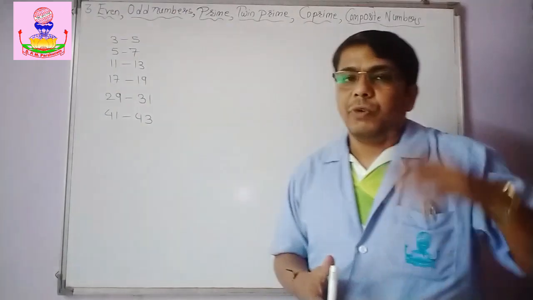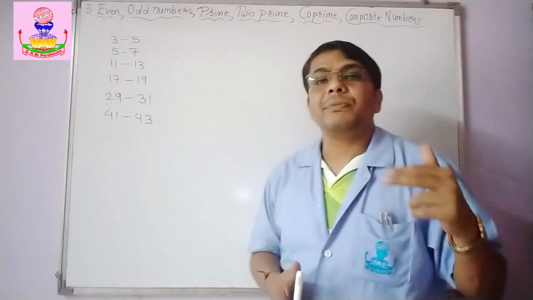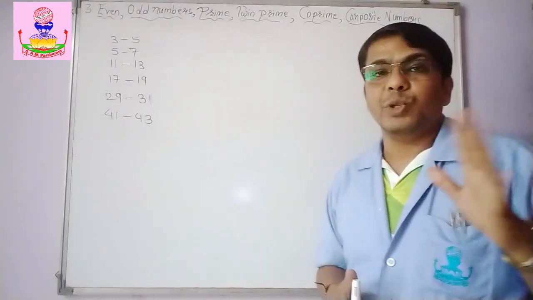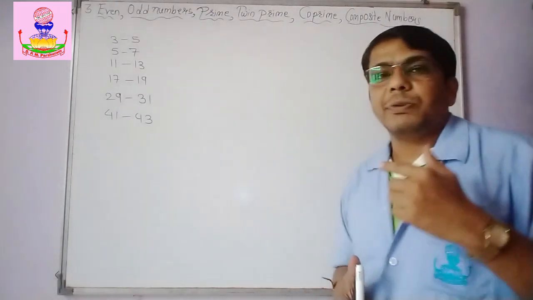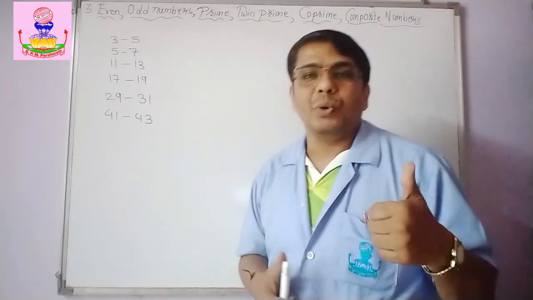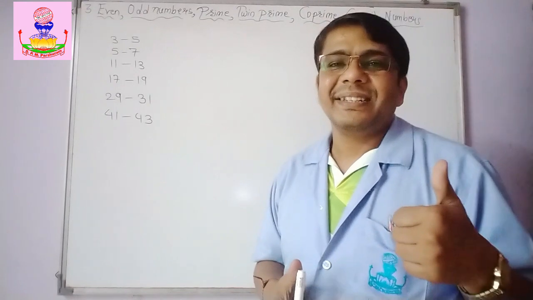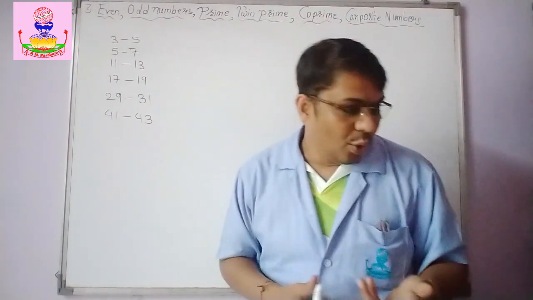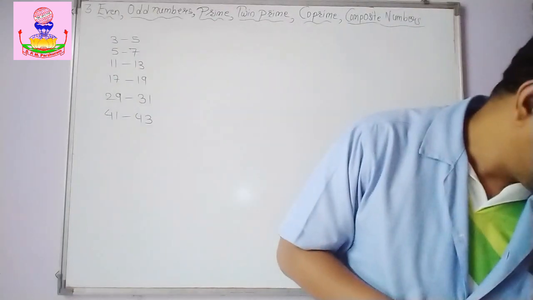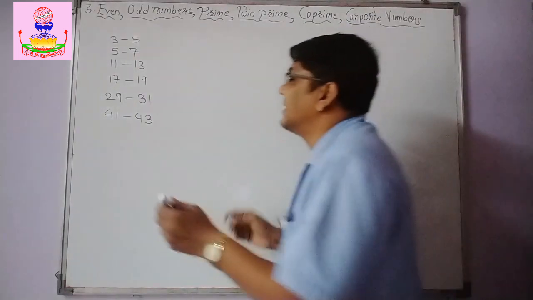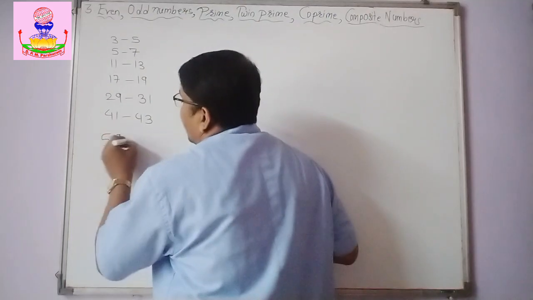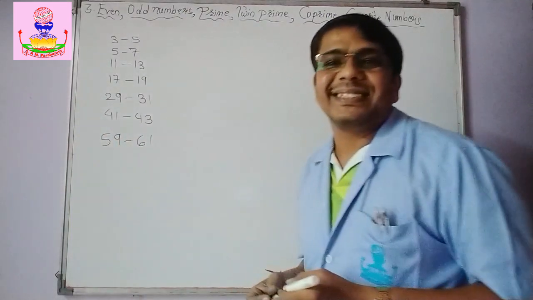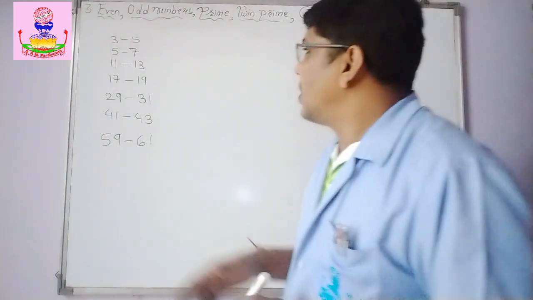Then 47, 48, 49, 50, 51, 53, no. So 53, 54, 55, 56, 57, no. Next is 61. Can it be? No. It cannot be. Then 59 and 61, it can be. Okay, 59, 61.